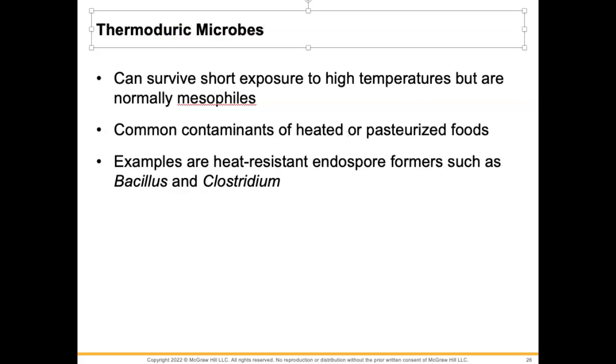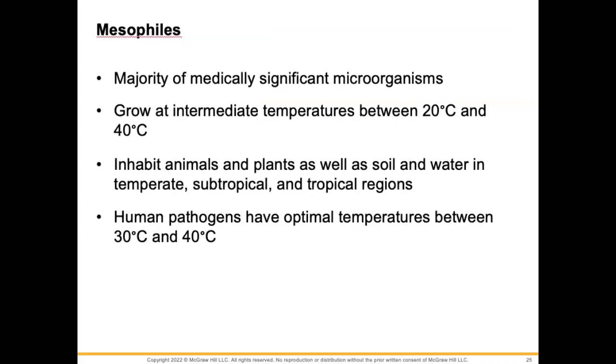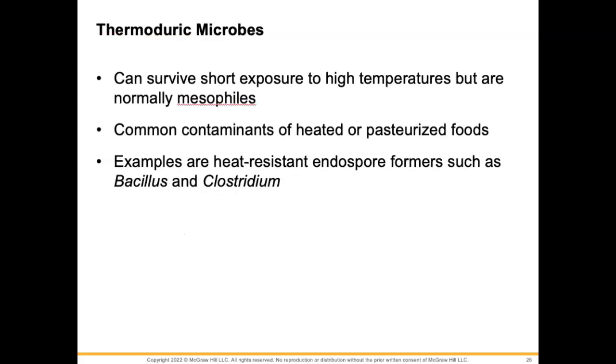So they like these temperatures, but they can survive for a short time at higher temperatures. Common contaminants of heated or pasteurized foods. Examples are endospore formers, specifically Bacillus and Clostridium.